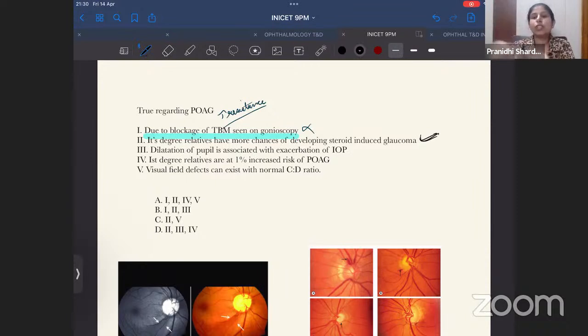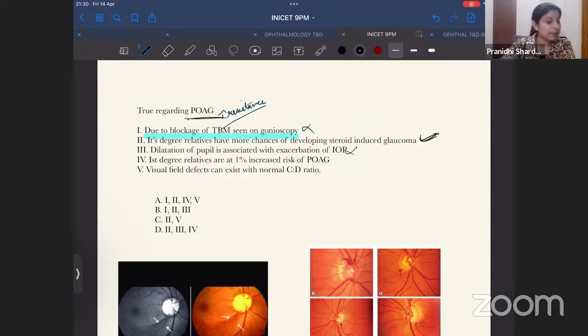We are given in the question that the patient was sitting in a cinema hall and developed sudden pain and redness in the eye. What is the diagnosis? Because the patient was in a dark place, there was dilatation of the pupil and the patient went into acute angle closure. So it is pathognomonic of angle closure, but not of open angle glaucoma. This is a wrong statement.